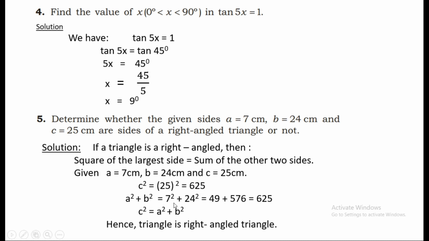So after solving, instead of a square we'll write 7 square, plus instead of b square we'll write 24 square. We get 49 plus 24 square, which is 576. When you add these two, you get 625. So this condition is fulfilled, that the square of the largest side is equal to the sum of the squares of the other two sides. Hence it is a right angle triangle.